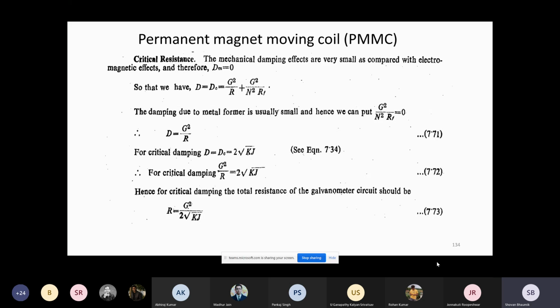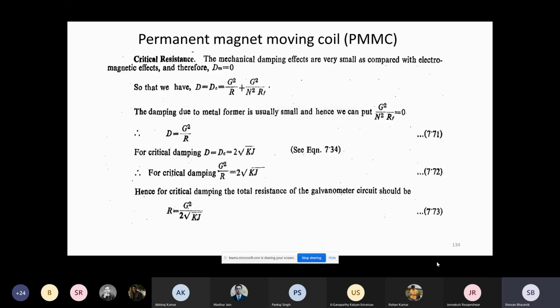So what is R? R is the summation of two resistances, which is Rg, the galvanometer coil resistance, plus R, the external resistance. And when that resistance will be equals to G square by 2 root over Kj, it will behave as a critically damped system. What I mean to say is, the external resistance you can control so that the behavior of the galvanometer becomes critically damped or over damped or under damped.